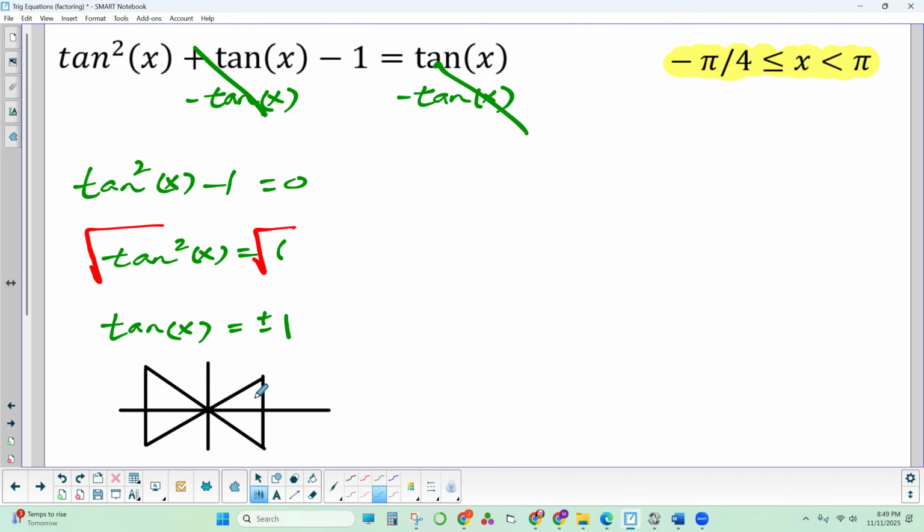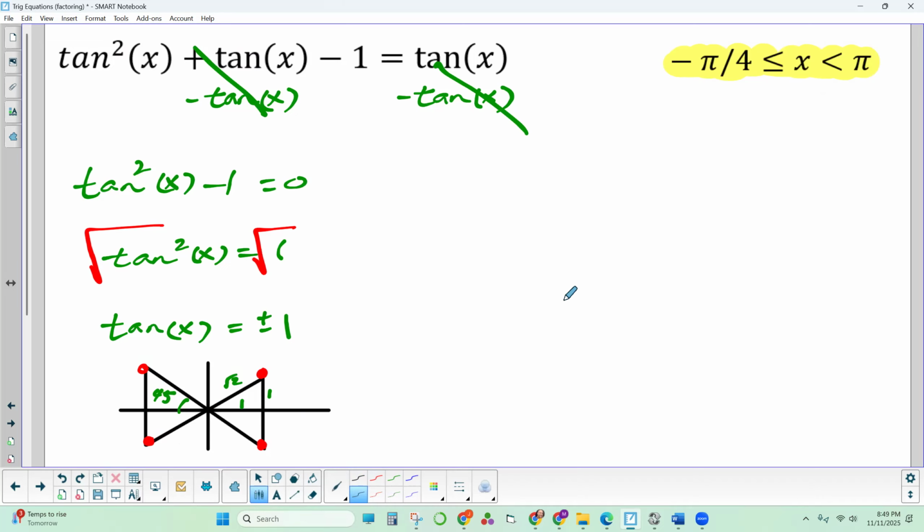Because when tangent is 1, we've got a 45-degree angle here. All right, so we're looking at radians. So we're looking at pi over 4, 3 pi over 4, 5 pi over 4, and 7 pi over 4.